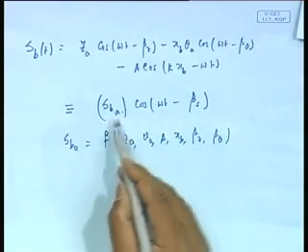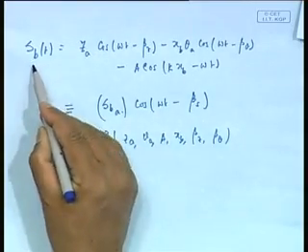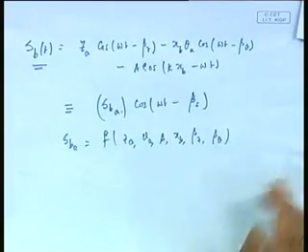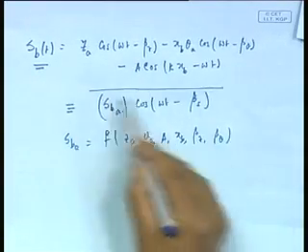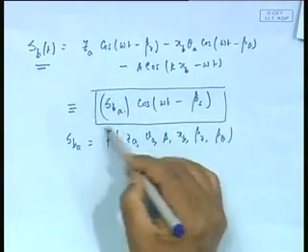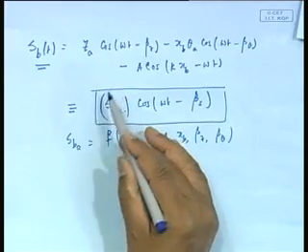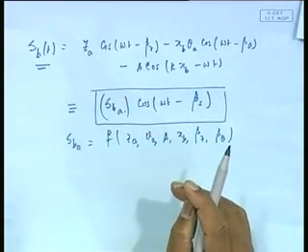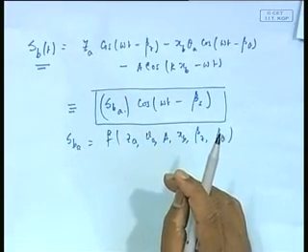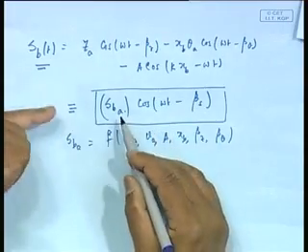So what I am trying to say is that this S_B(t), this relative vertical motion, is itself a sinusoidal function with an amplitude S_BA.